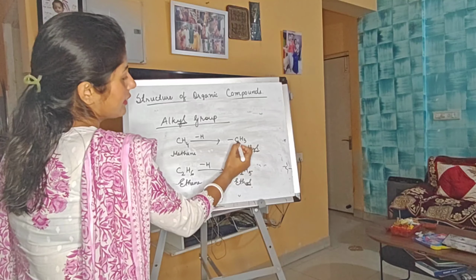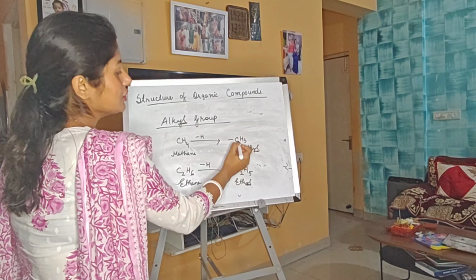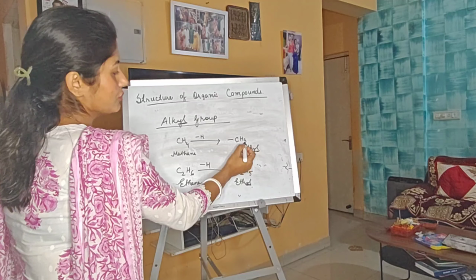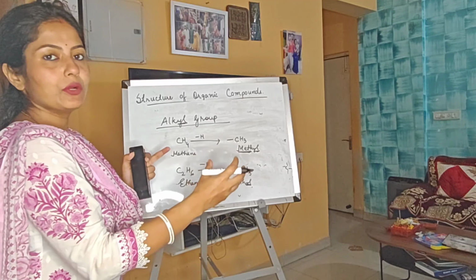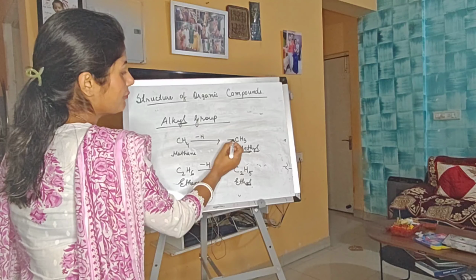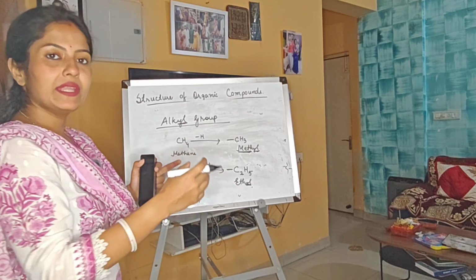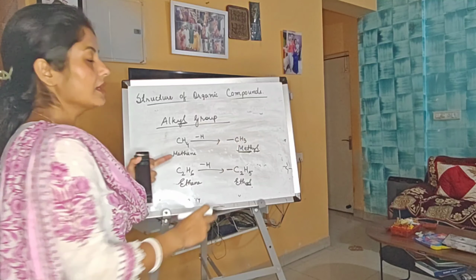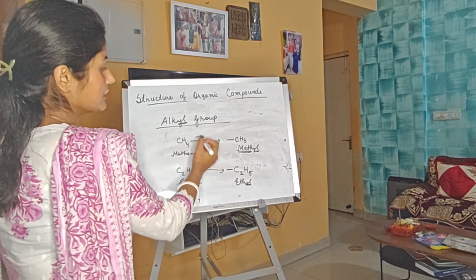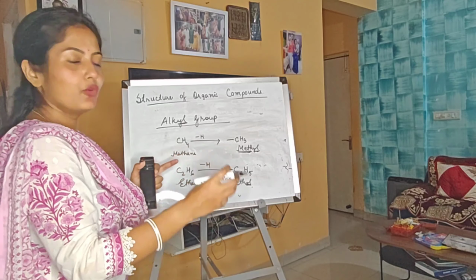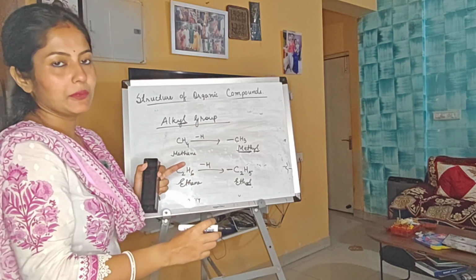Because here the valency of carbon is not satisfied. It has 3 hydrogen atoms, so it requires another group to satisfy its 4th valency. This is the reason I have put a bond here, to indicate that some other group may come up here and satisfy the tetravalency of carbon, because hydrogen is already removed, so one site is vacant for a group to come up and bond with this carbon.